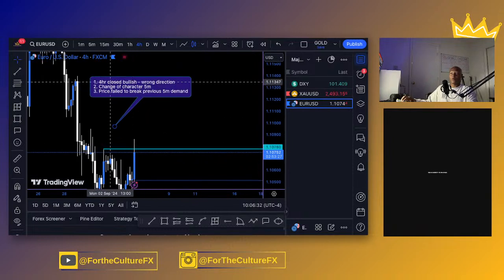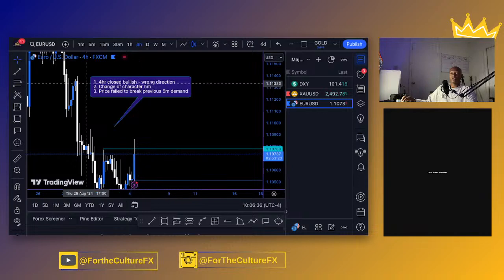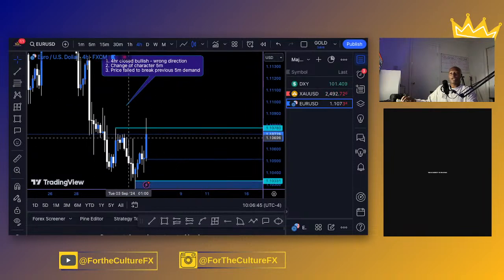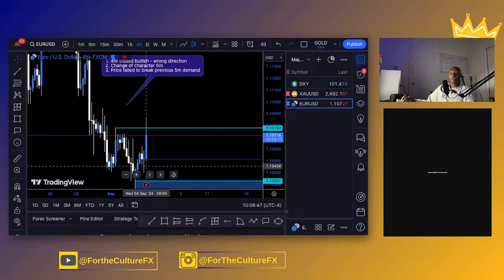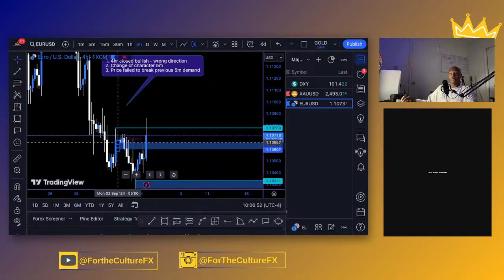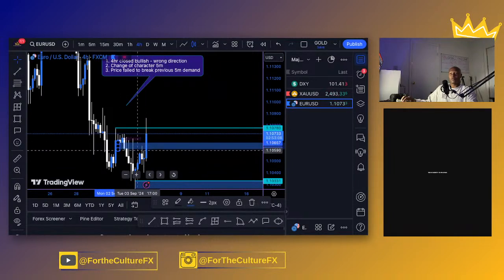So going forward, just wait for the 4-hour to close. Whichever direction the 4-hour closed, trade that direction. The smaller time frame confirmed it with a change of character on the 5-minute, and I was looking for a larger time frame continuation based on the bias that price in fact reacts and rejects off of this level here.